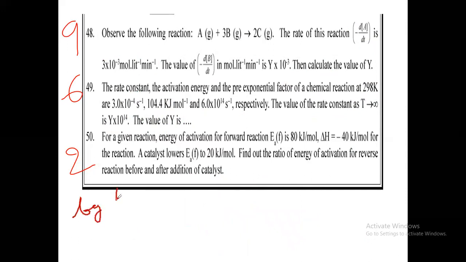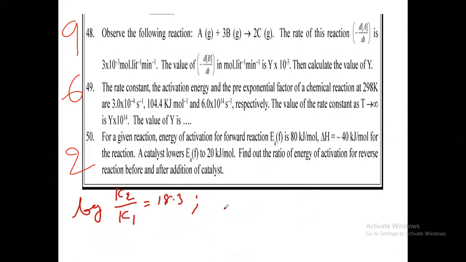Log K2 by K1 is equal to 18.3. Therefore, antilog means we take only K2 by K1.